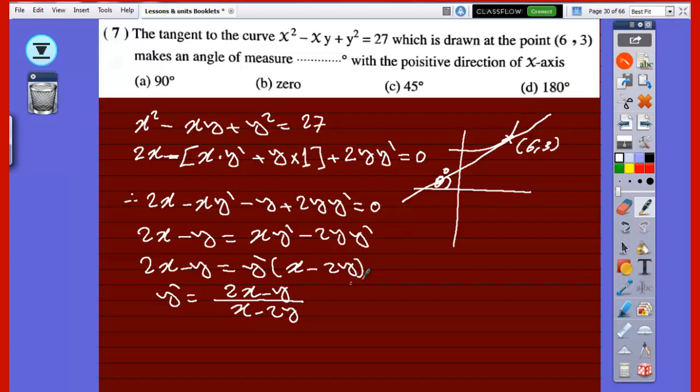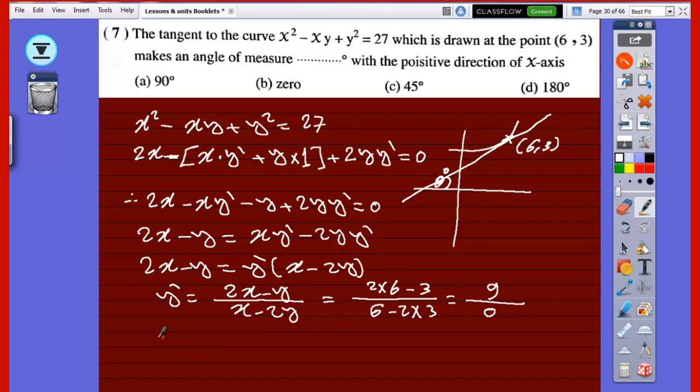So substituting x equals 6 and y equals 3, we get (2 × 6 - 3) over (6 - 2 × 3). 12 minus 3 is 9, and 6 minus 6 equals 0.